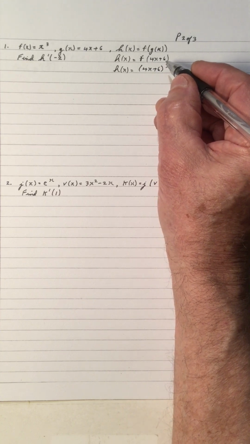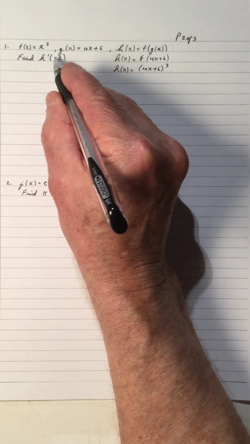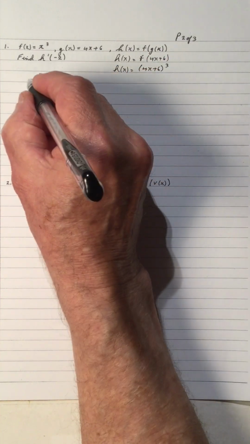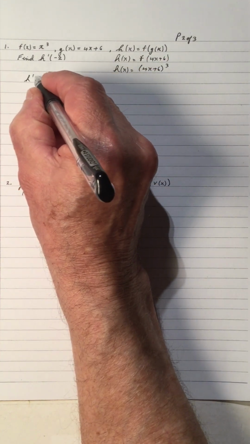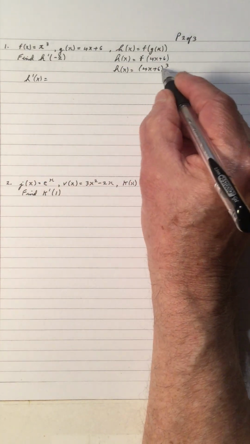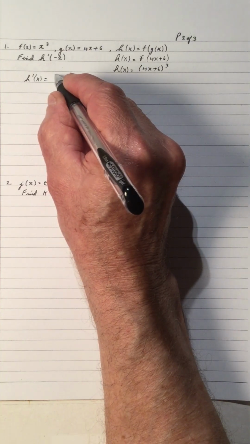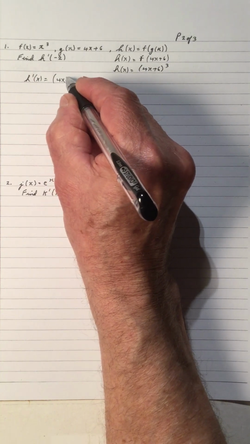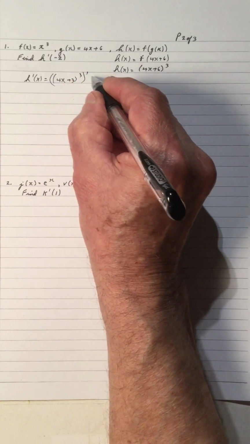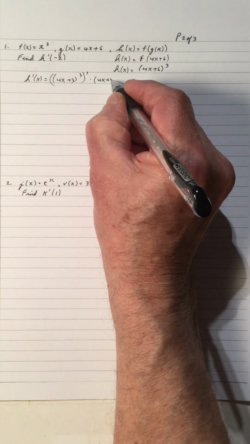Now we have to find h prime of negative 2. Let's get h prime first. This is a composite function, so the derivative is the derivative of the outer function, (4x plus 3) cubed, times the derivative of the inside, which is 4x plus 3.